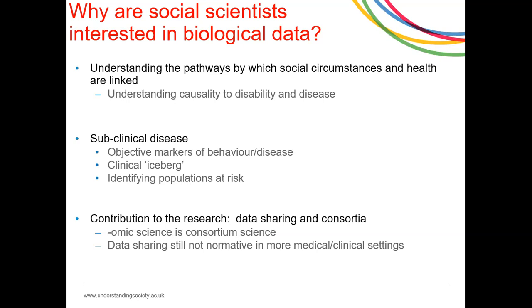And having lots of biomarkers in a social survey means that it's an example of a more open science, in the sense that anyone can go and get these data. As I mentioned, the data that I've talked about so far are available in the archive, and you can go off and do your own analysis. It's not dependent on me. I'm sure people have lots of interesting ideas that I would never think of, and so that's a real strength of the data set and this approach.